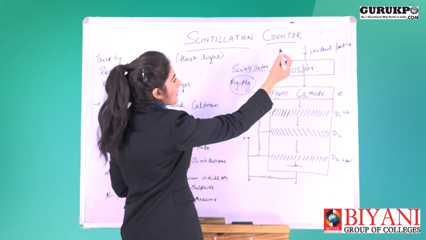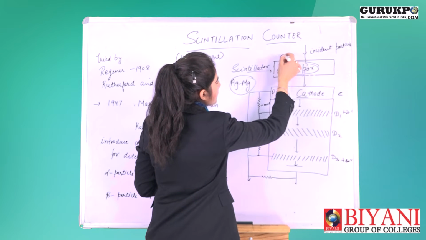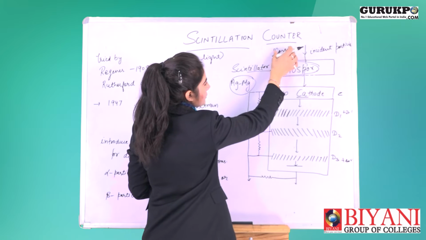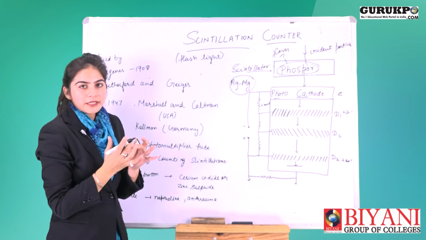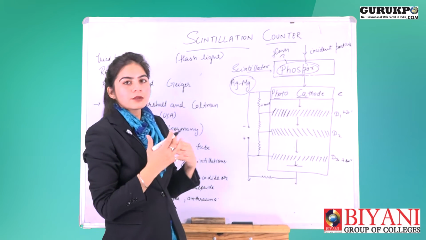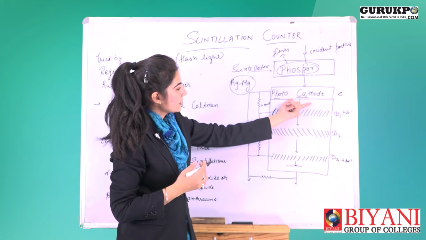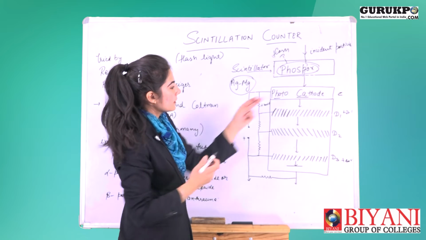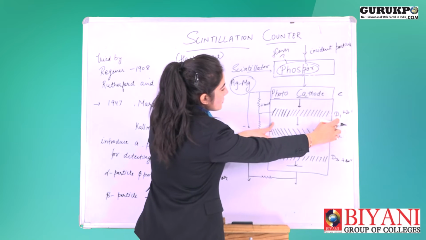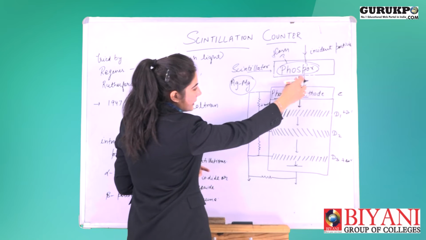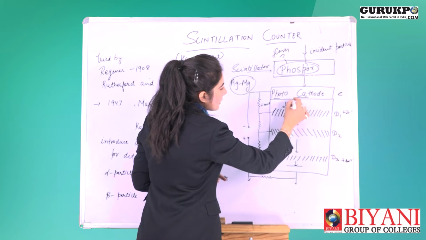Since the incident particle comes through here, a flash is produced. Through this flash some particles get emitted, and these emitted particles produce photons, which are collected here at the photocathode. From here the photons go to dynode D1. Let us assume that when these photons come to D1, their intensity is 100 volt.